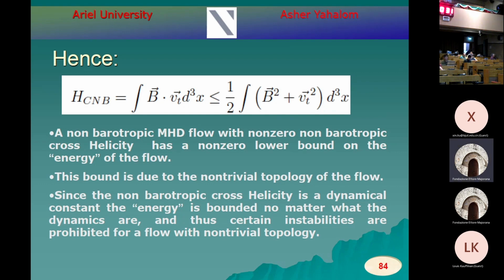So certain instabilities will be prohibited because of this non-trivial topology, or so we would like to hope.